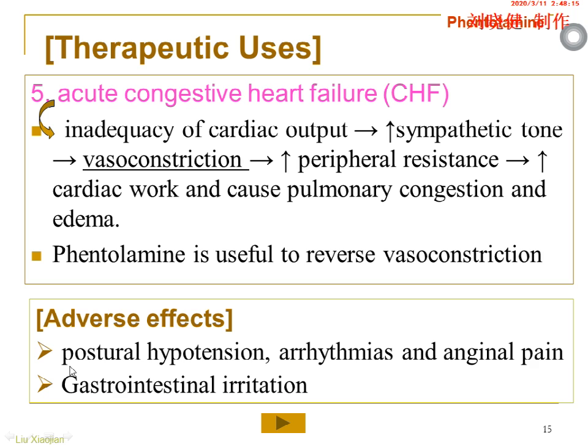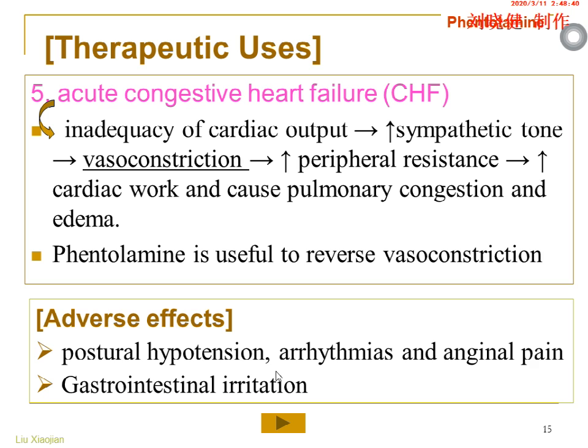Do you know the meaning of this? This hypotension is usually caused by posture change, like from sitting down to standing up. Some patients will have hypotension, so blood supply to the brain tissue is insufficient for a minute.